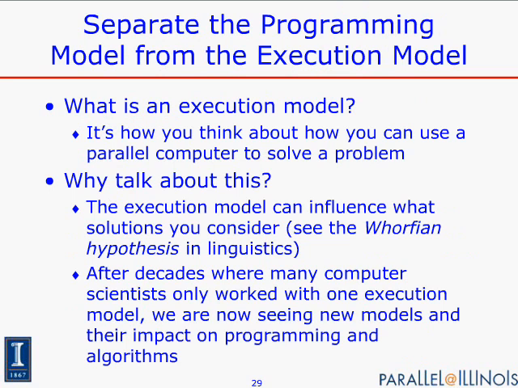So I'd like to ask you to separate the programming model, the way you write your algorithm, from the execution model. So what is an execution model? It's your way of thinking about what the computer can do, not how I would write the code for it, but what the computer does.